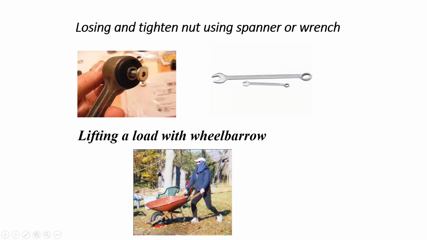And when he is lifting up, what happens? Which rotation does he produce? He produces an anti-clockwise rotation. So as he produces an anti-clockwise rotation, it means a moment is produced. Is this example clear? When he is lifting the wheelbarrow, he is rotating, and whenever there is a rotation, a moment is produced.